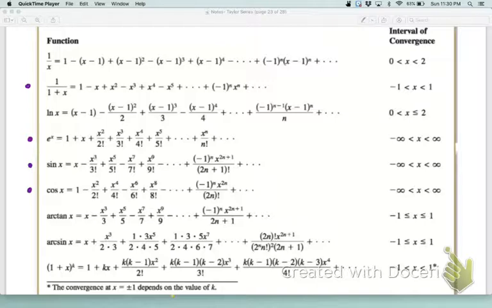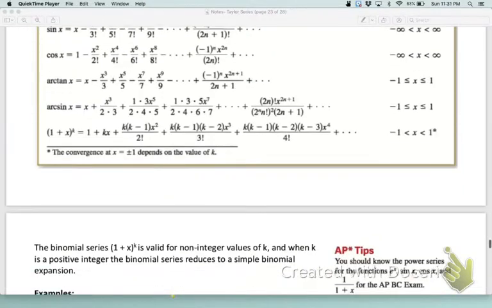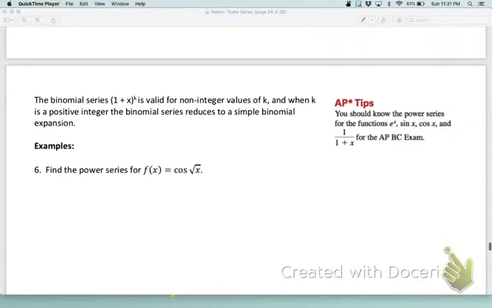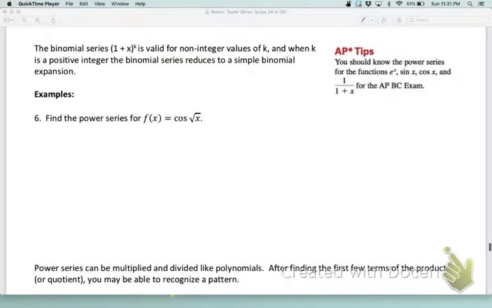So let's look at one more example like this. The binomial series expansion is, here's a couple of side notes about that. We're not going to use that one very often, but again, it's there for your reference. So what we want to do is find the power series for f of x equals cosine of the square root of x.